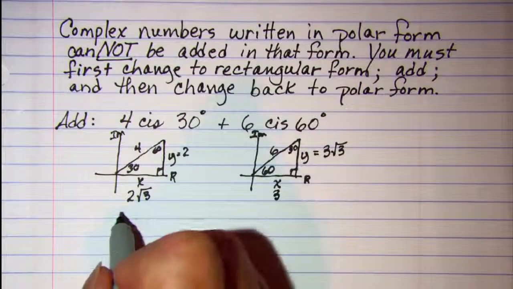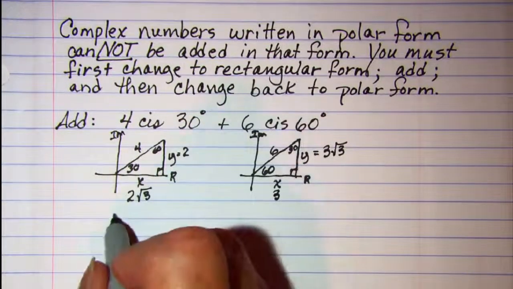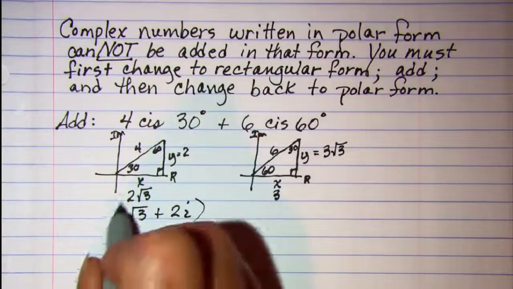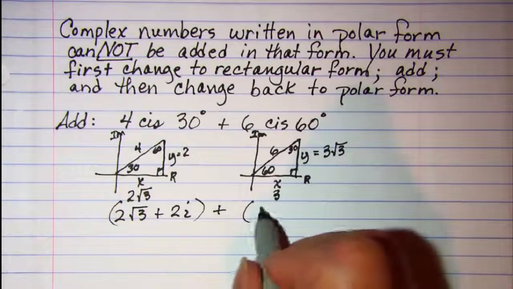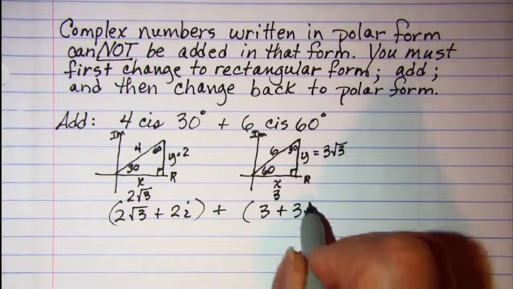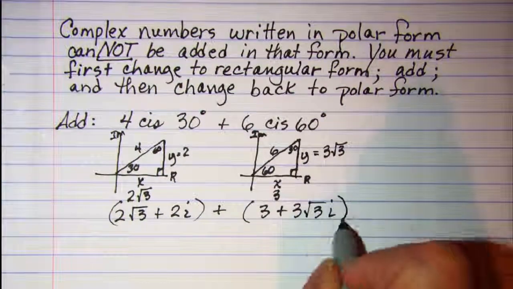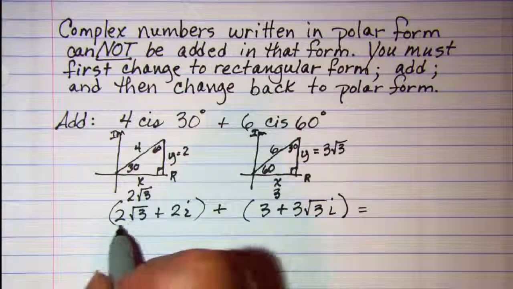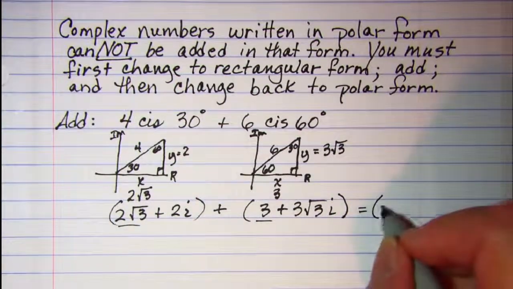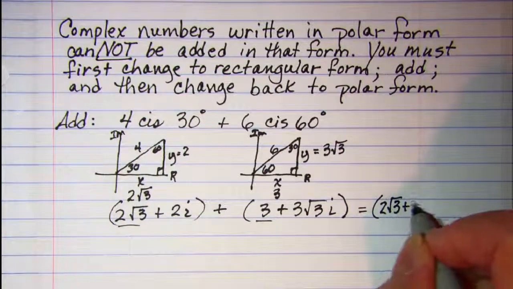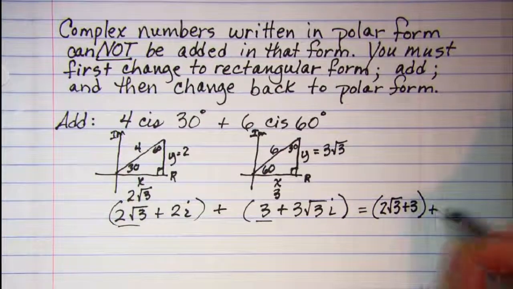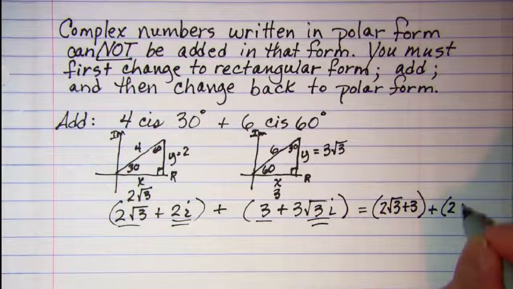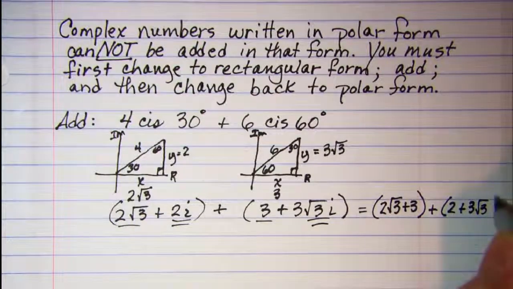Right, so what I have then is 2 root 3 plus 2i added to 3 plus 3 root 3i. Now when we add our real parts together, we have 2 root 3 added to 3, and then our imaginary parts will be 2 plus 3 root 3i.